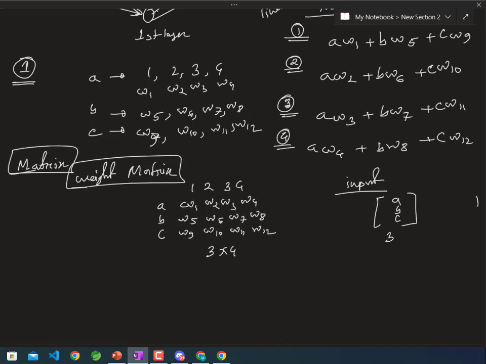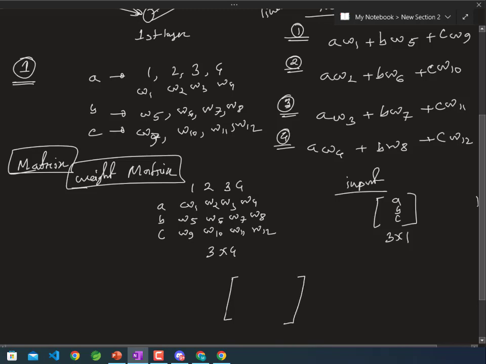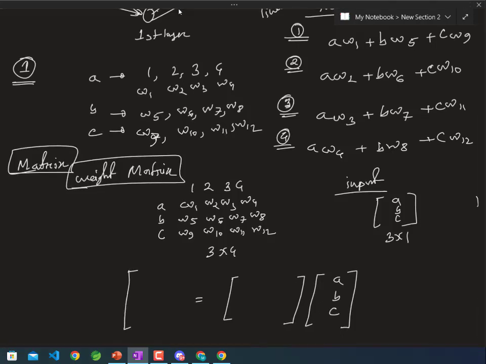Some matrix multiplied with A, B, C will produce the outputs of the first layer neurons, that is a matrix Z1, Z2, Z3, Z4.